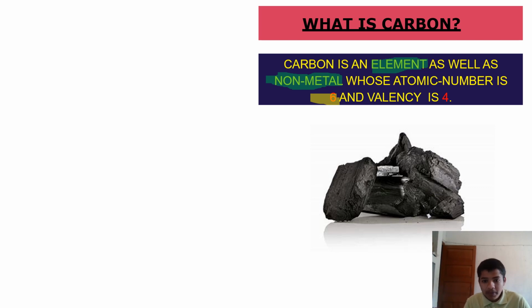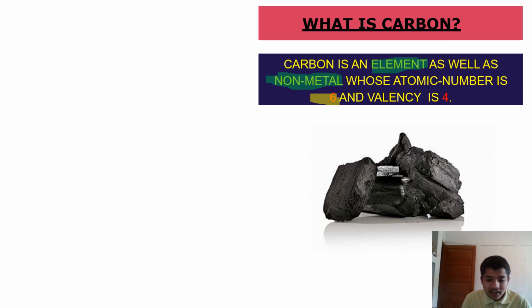So simply, carbon cannot be converted into thin sheet or thin wire, and no electricity can pass through carbon, right? Its atomic number is 6. If you see the elements table, at number 6 you will find carbon. And its valency is 4.